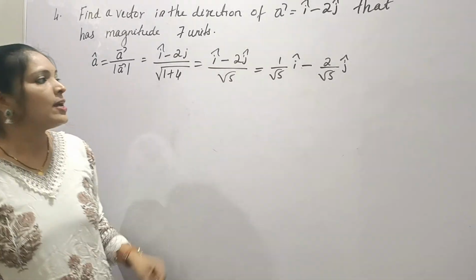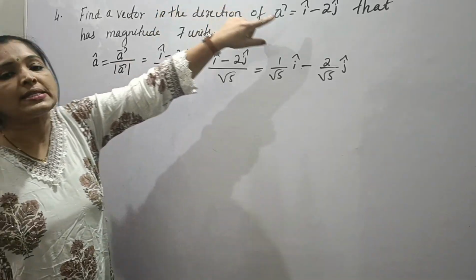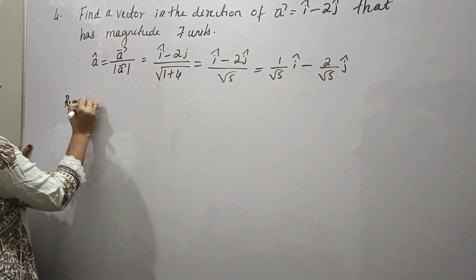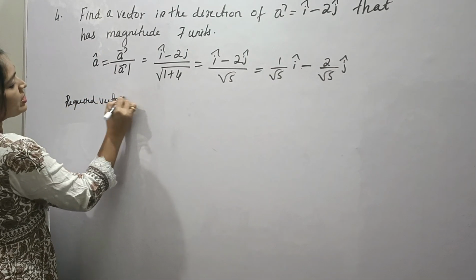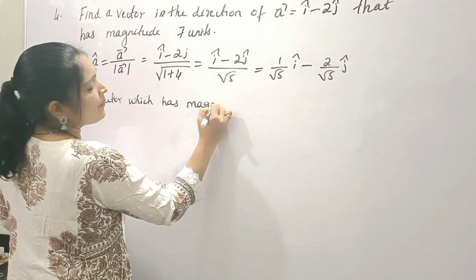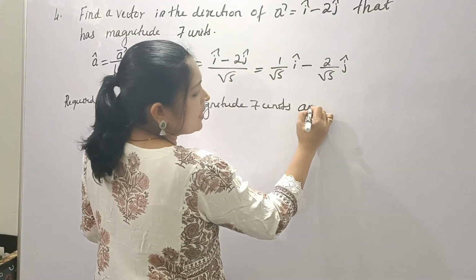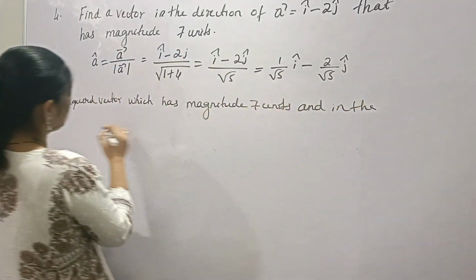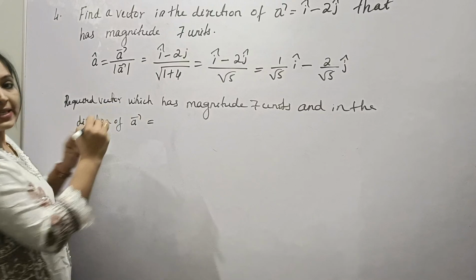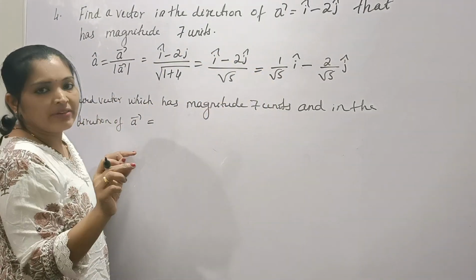So here we have to find the vector which has magnitude 7 units and is in the same direction of vector A. So the required vector, which has magnitude 7 units and in the direction of vector A, is equal to, its magnitude is 1, okay, so we will multiply by 7.